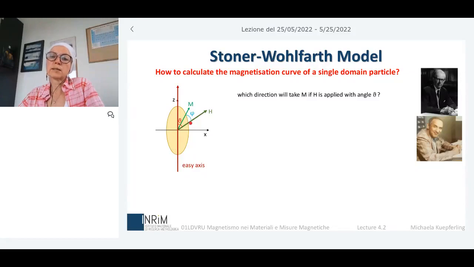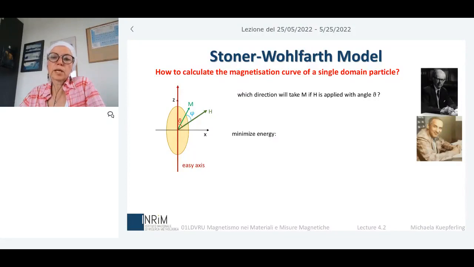Now we consider any kind of magnetization direction and a magnetic field that we apply along a certain direction. And what we want to calculate is a kind of hysteresis curve. So how will magnetization change when we increase this magnetic field?